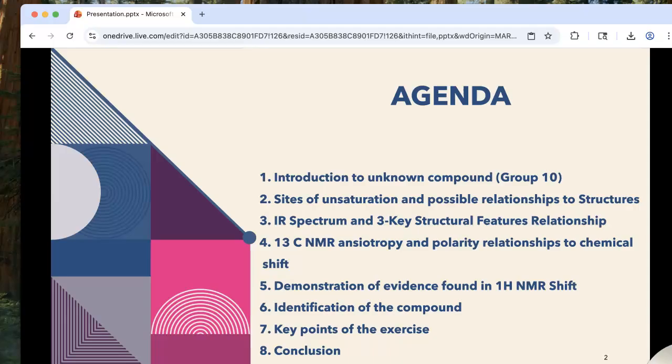Once we go through that, number 5, we'll go through the 1H NMR shift and demonstrate any evidence found on those signals, and then hopefully that will lead us to the identification of the correct compound, and then I will kind of sum it up with key points of the exercise and a conclusion at the end.